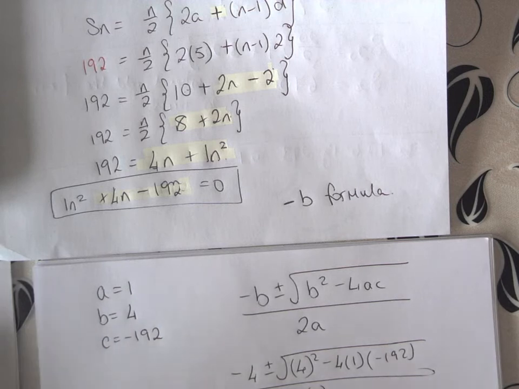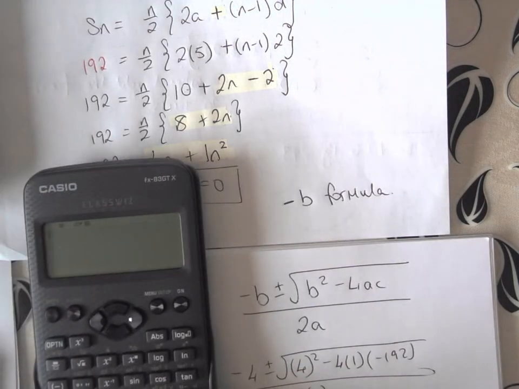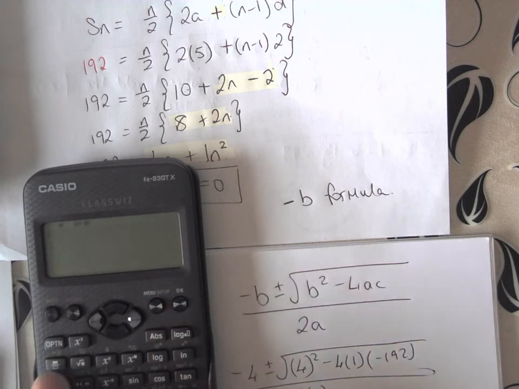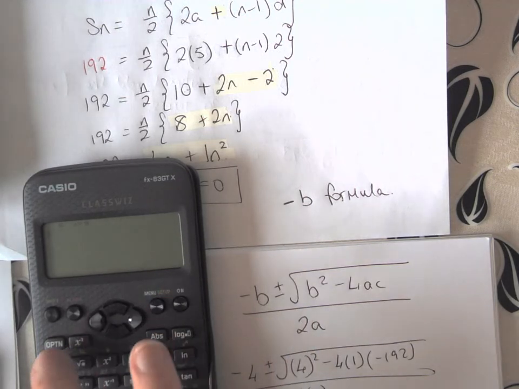Okay, so we're going to do the plus version and the minus version and just get our two answers. So minus 4 plus the root of 4 squared minus 4ac. Oops, sorry, I should have started with the fraction.